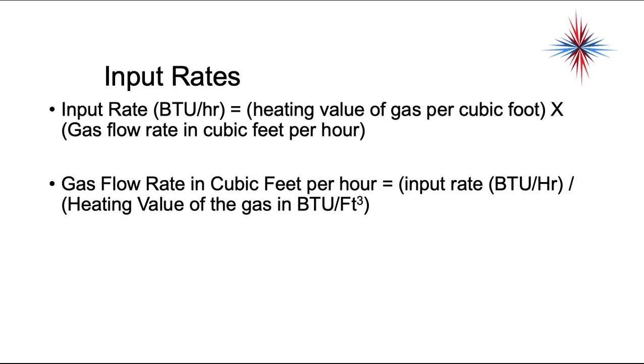Now, if we know the input rate and the heating value of gas, we can also find the gas flow rate just by using algebra and changing the formula around. So input rate in BTUs per hour divided by the heating value of gas in BTUs per cubic foot is our gas flow rate per hour, CFH.